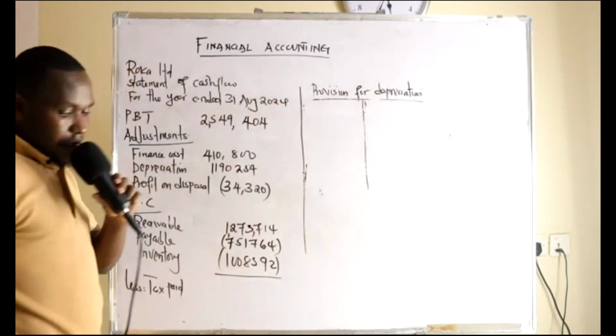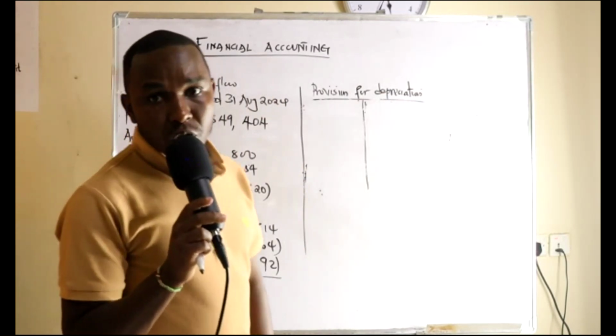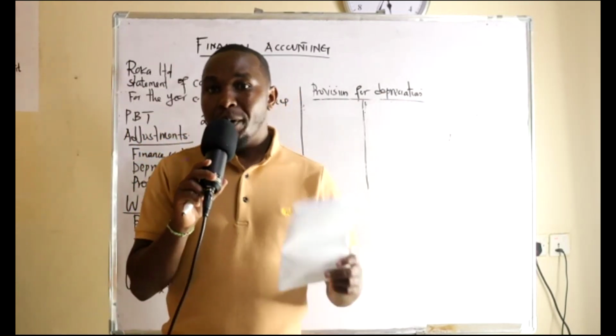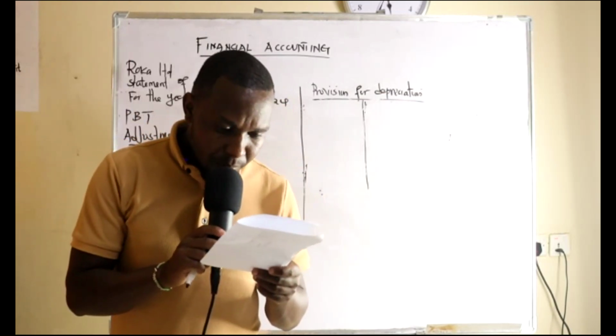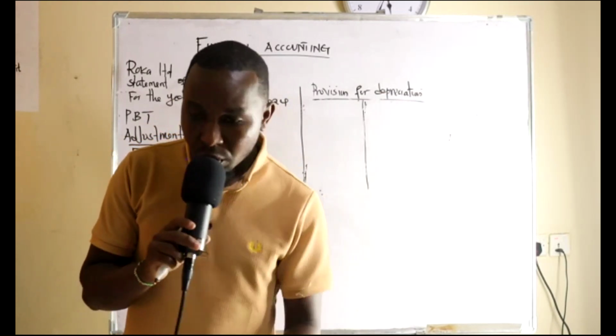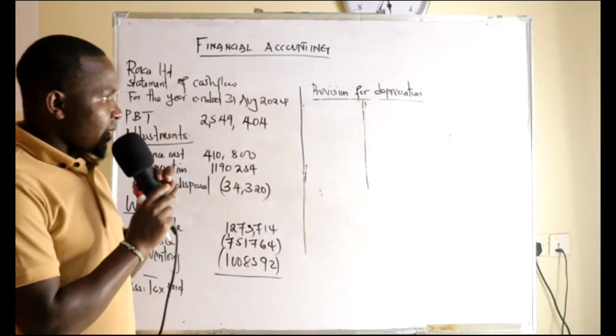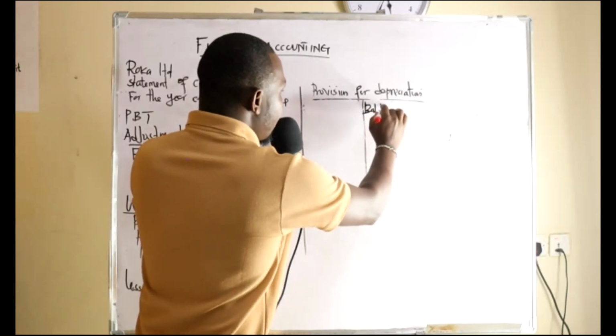If you go back to the balance sheet, we have the provision for the corporate tax. We have the corporate tax of 674,024. That is for 2023, which will be the balance brought forward.